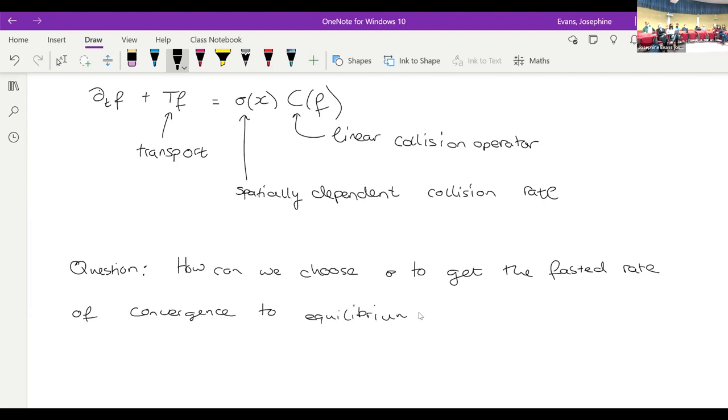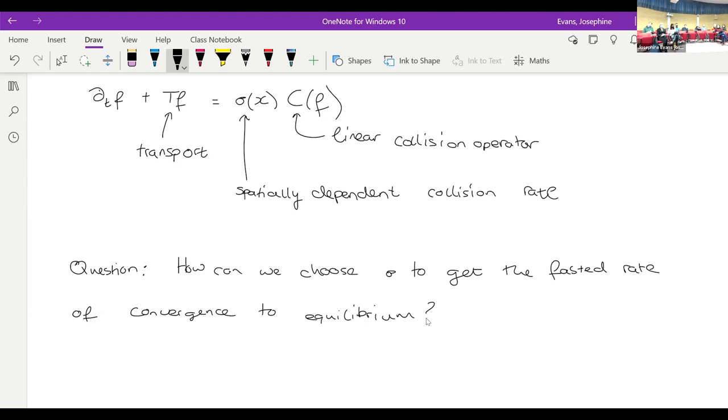Normally with one of these hypocoercive problems, you fix your sigma of x, and then you say, can I bound the rate of convergence to equilibrium? And in hypocoercivity, you tend to get very bad bounds on your rates of convergence to equilibrium. When you have this sigma present, there are very few quantitative bounds, and basically no one writes down what they are.